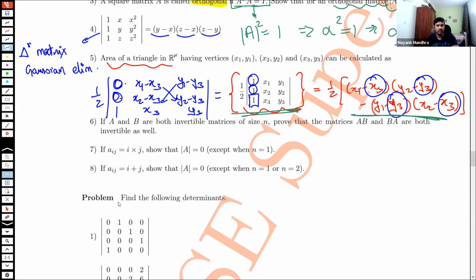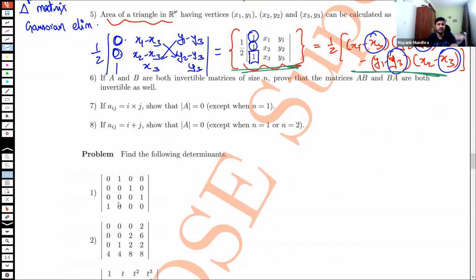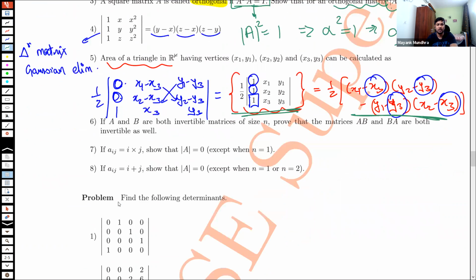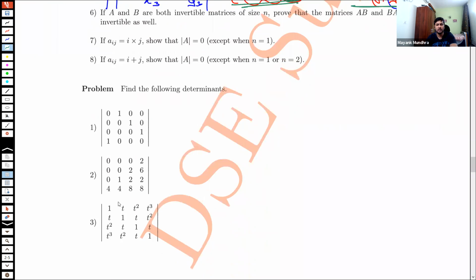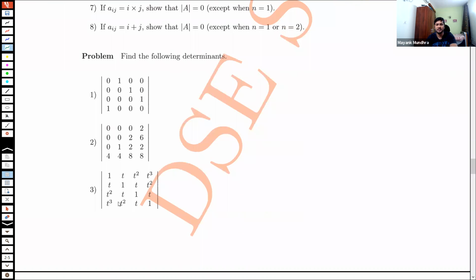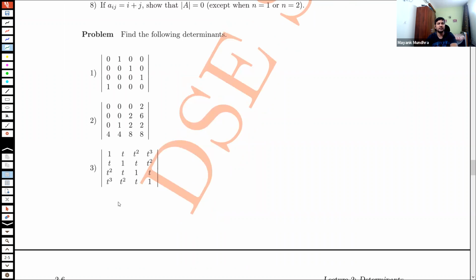Okay, fine. I'll leave the rest for you guys. I know you have not attempted them, so try doing them and we'll discuss them next time. Okay, these are easy ones. What is going to be this determinant value?